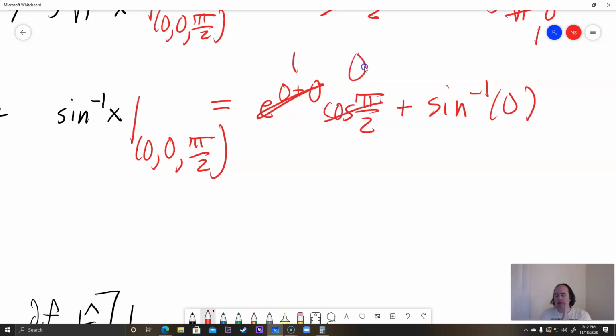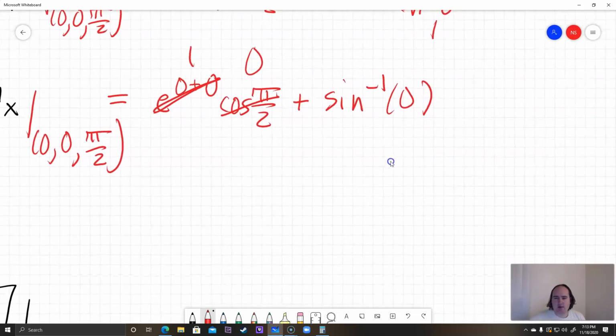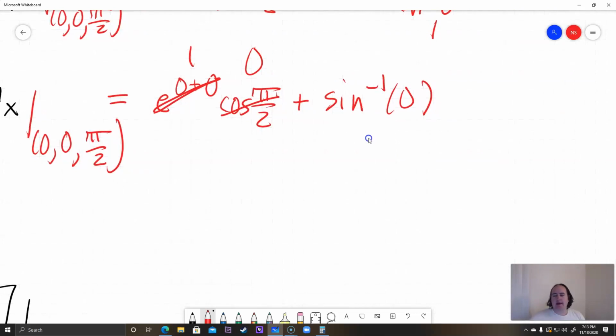Because it's at 90 degrees on the unit circle. And then sine inverse of 0 you might not remember, but it's the angle when the y-coordinate is 0. So your y-coordinate is 0 when your angle is 0, or 2 pi.